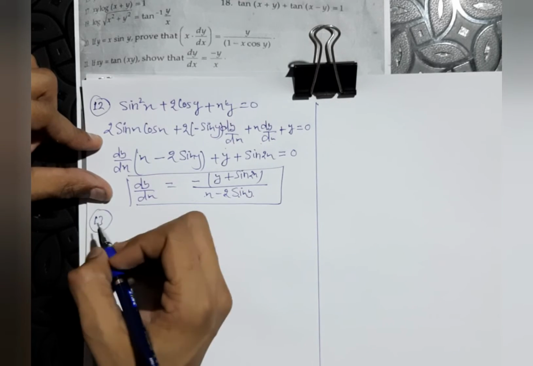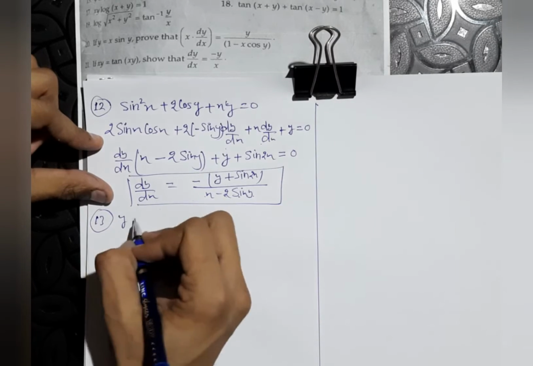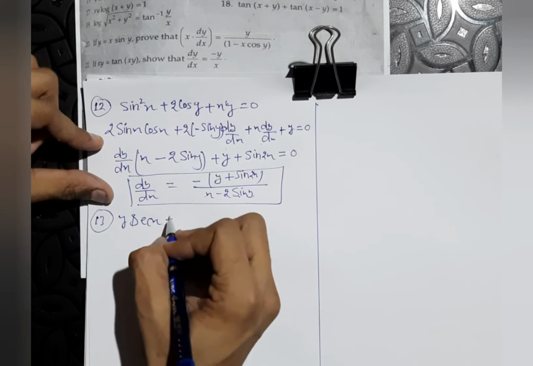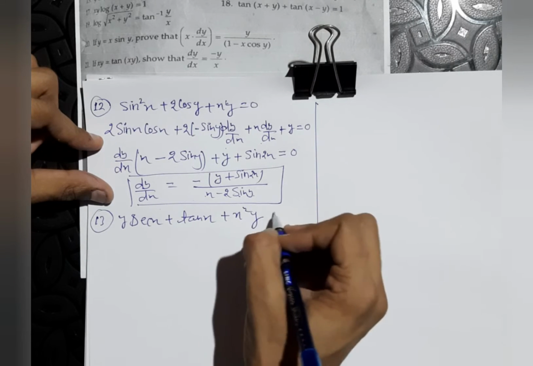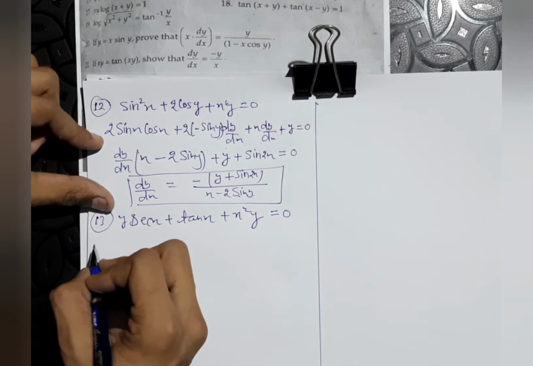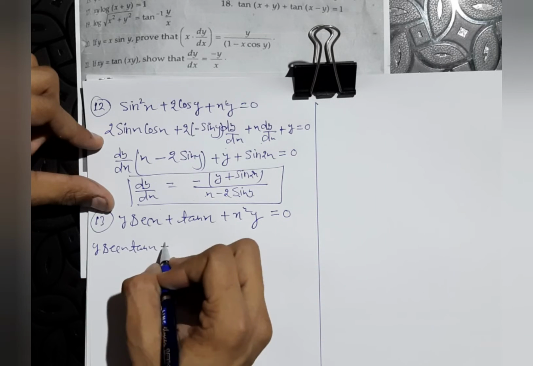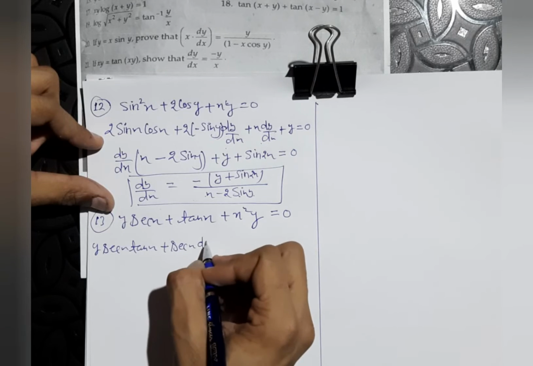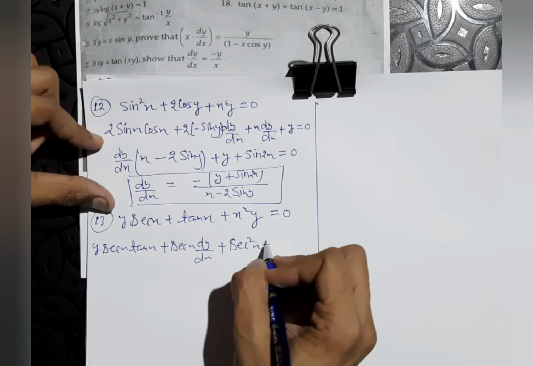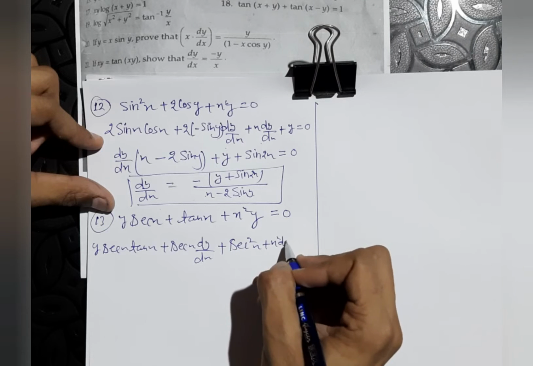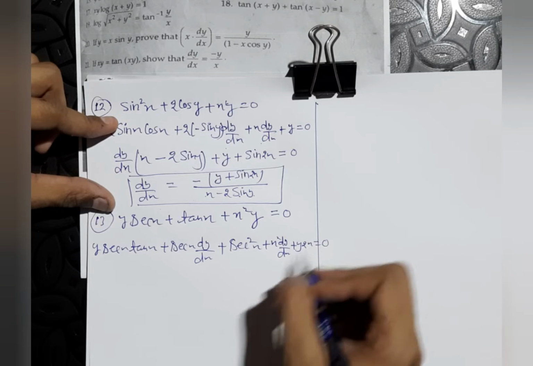Now let's do question number 13. Question number 13 is sec x plus tan x plus x square y equals 0. So differentiating, sec x gives sec x into tan x. Now sec x is the same and y gives dy over dx, plus tan x gives sec square x, and now x square is the same, y gives me dy over dx, and plus y is the same and x square gives me 2x, equals 0.